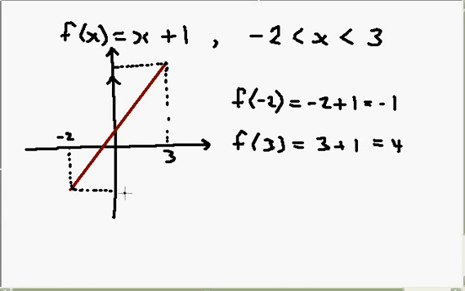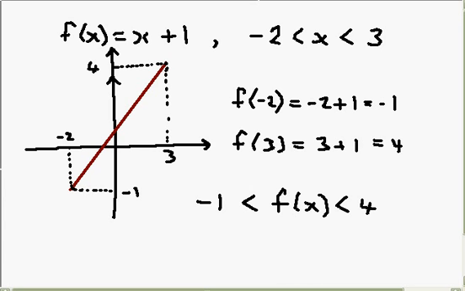So it goes between -1 and 4. I could write that the range is -1 is less than f of x is less than 4. Notice again how this domain is in terms of x and the range is in terms of f. And I've made sure that the inequality signs match as well.